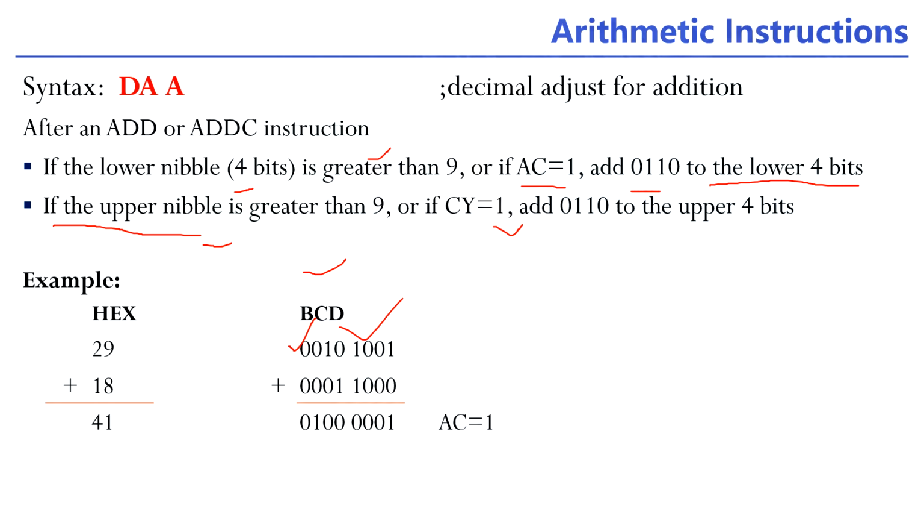You can see whether carry is generated or not. Carry is generated from the lower nibble side, so 06 should be added here. In the upper nibble no carry is generated, so the 6 value is not used there. The 6 value is added only here. The final answer is 47.